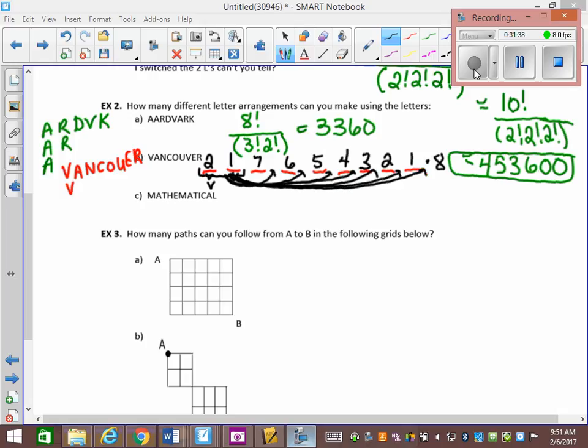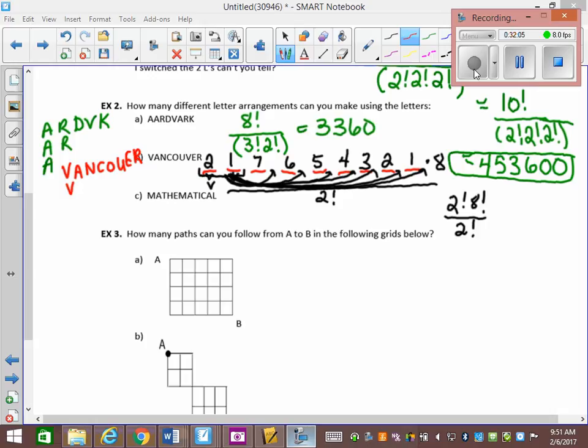So it's the exact same steps as we did before. We just treat the V's like they're different. And then what do we do at the very last step? Divide by 2 factorial. So we're going to get 2 factorial times 8 factorial, divided by 2 factorial. Okay? So you do all the same steps. Everyone gets thrown off when there's doubling letters. Just treat them like they're different and just divide them off at the end. Don't worry about it. Don't stress yourself out.